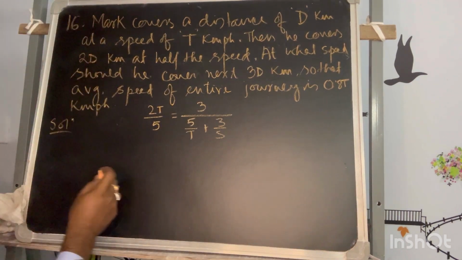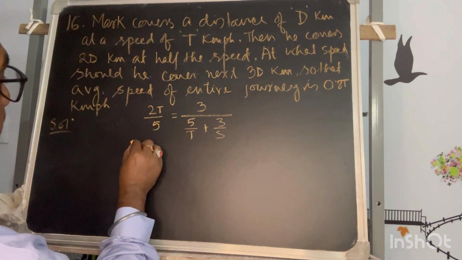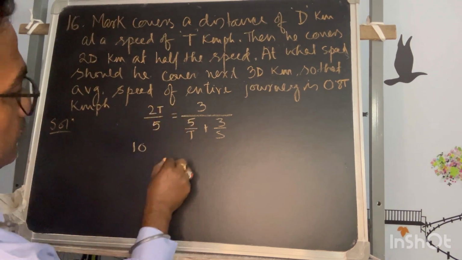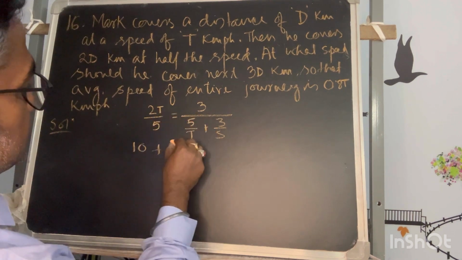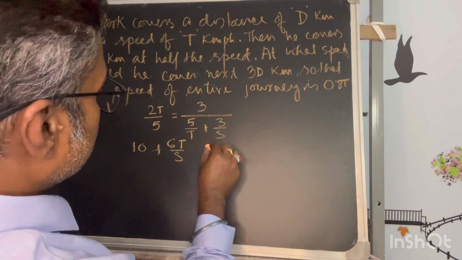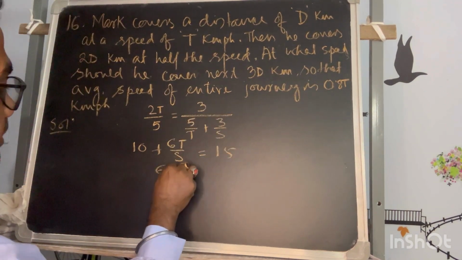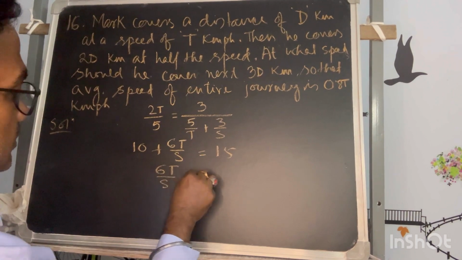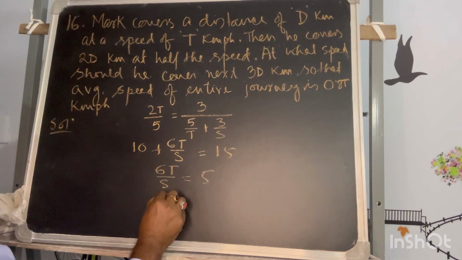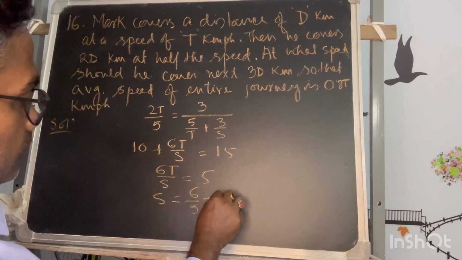Now multiply it out: this gives 6t by s, and that is equal to 5. So s is equal to 6 by 5 into t.